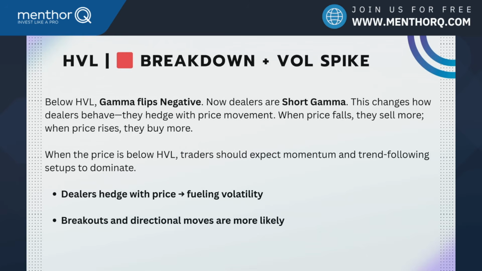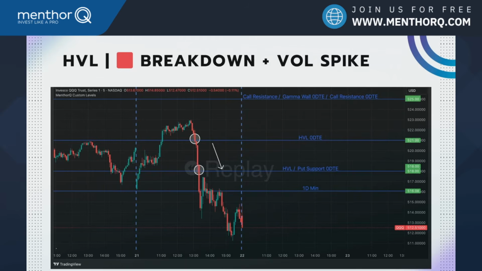If the price drops, they sell more. If the price rises, they buy more. This creates a feedback loop, and we see an amplification of volatility. That's when we see typical momentum days, breakouts and breakdowns. This is a really good example that we took from a few weeks ago. We broke the HVL at the 0 DTE level, went straight down, and then broke down again with very, very strong momentum.